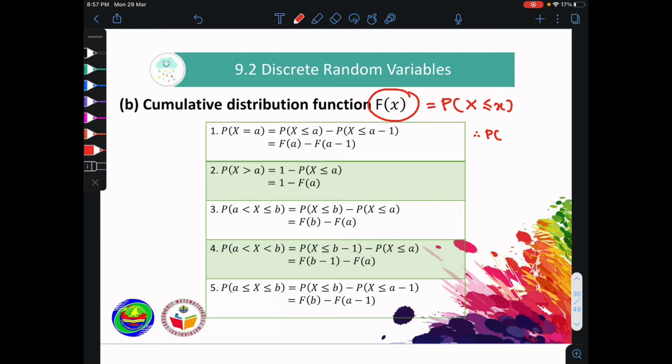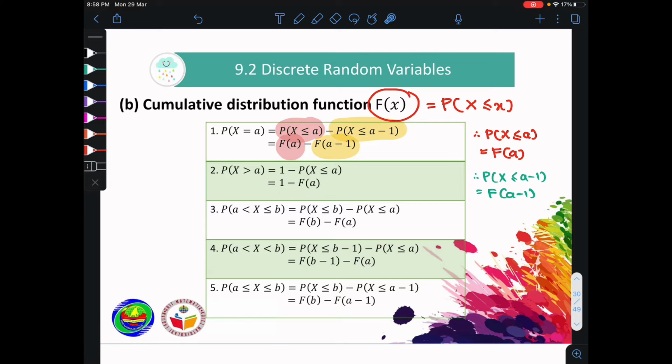Therefore, P(X ≤ a) is actually F(a). And the same goes for P(X ≤ a − 1), and this is equal to F(a − 1). The second property is when P(X > a), this is equal to 1 minus P(X ≤ a). And we already know P(X ≤ a) is F(a). That's why it is 1 minus F(a).